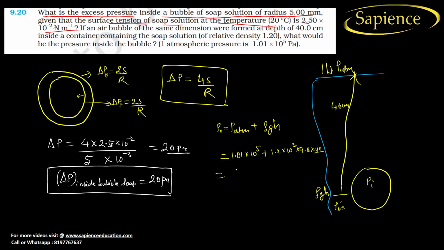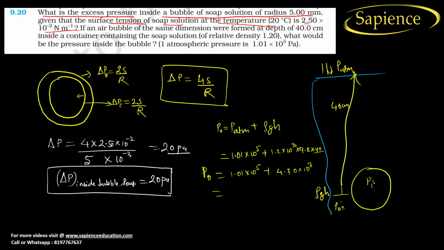So this will be 1.01 into 10 to the power 5 plus, when we multiply it, 4.70 into 10 to the power 3. Before adding this, let us consider P outside is this.